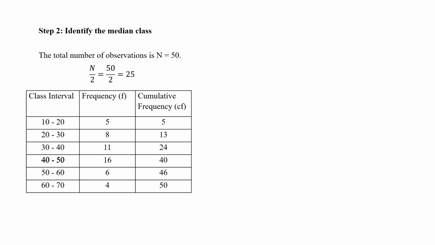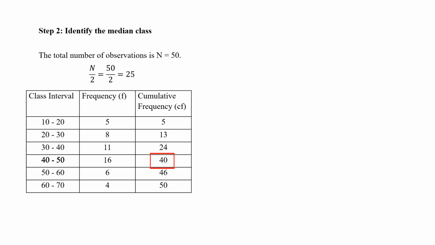Now look at the cumulative frequency column. First we find the first class whose cumulative frequency is greater than or equal to 25. In our case, the cumulative frequency of the class 40 to 50 is 40.